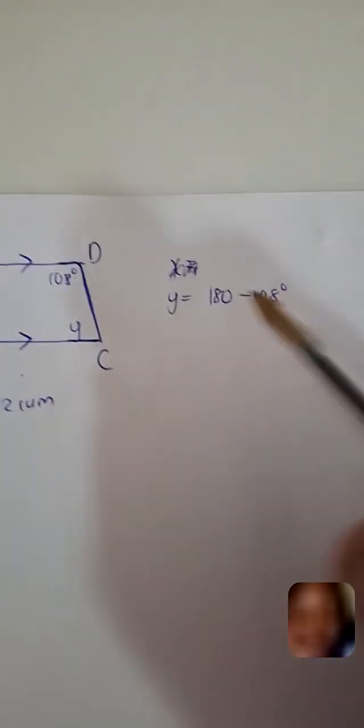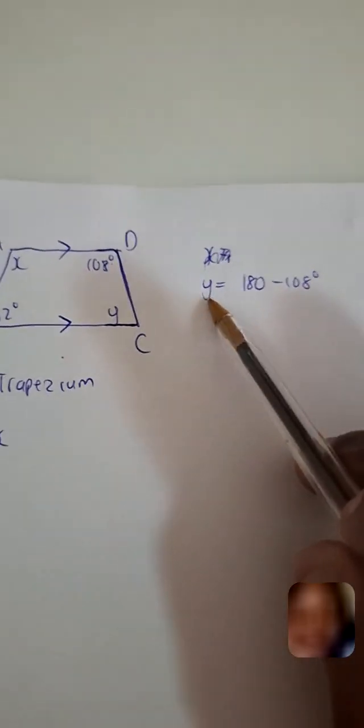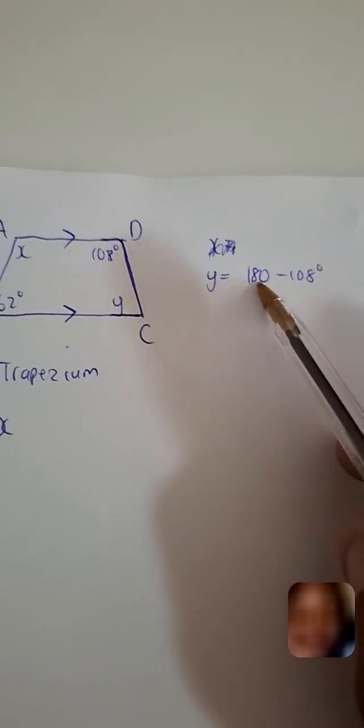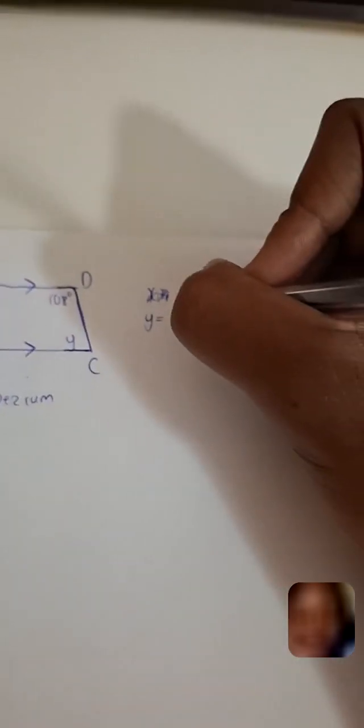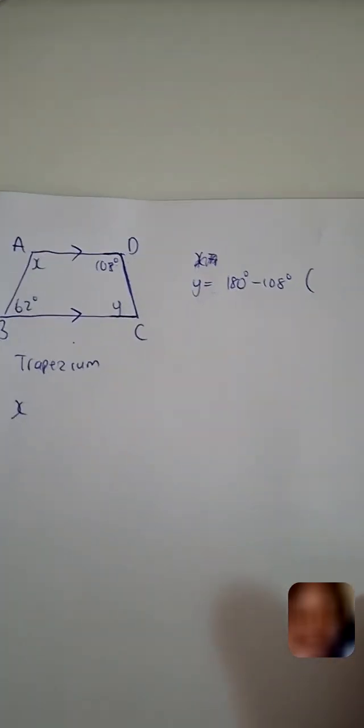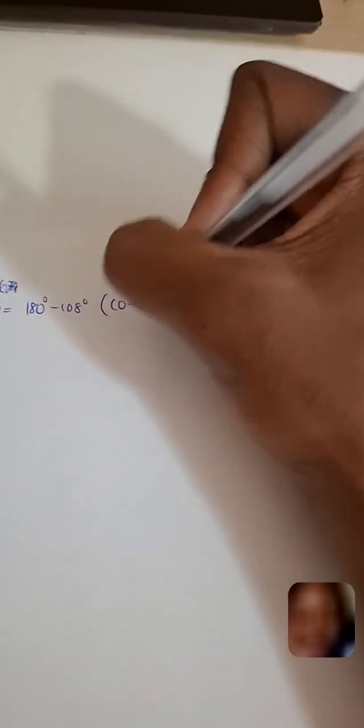Mind you, this is the value of y. Y is equal to 180 degrees minus 108. What's the reason? Remember, we need to write down the reason. Co-interior angles. Exactly. And then there's something we need to see immediately after we write co-interior angles.